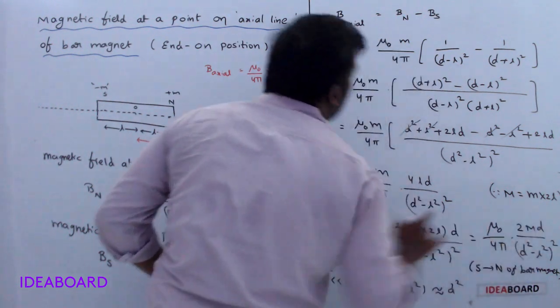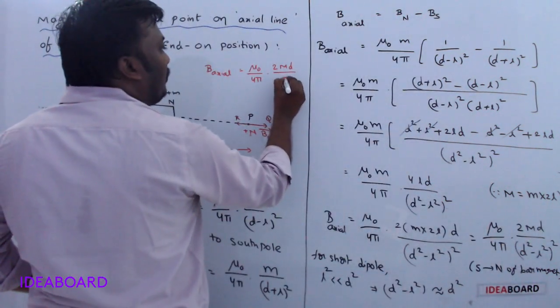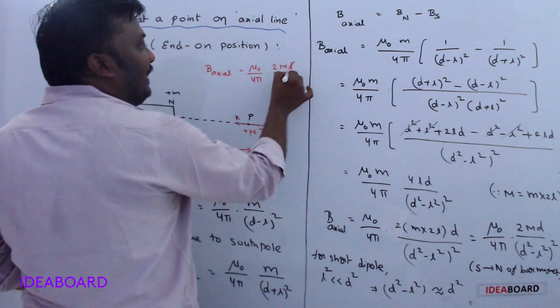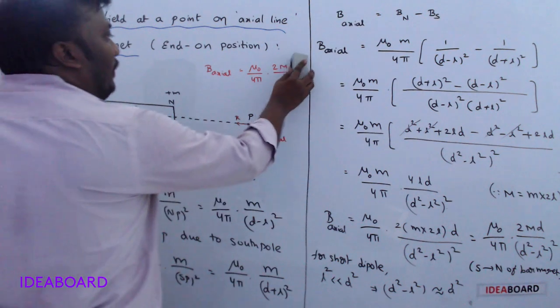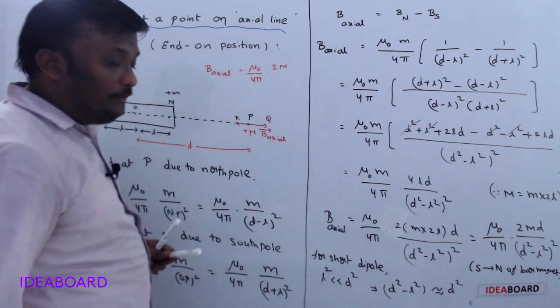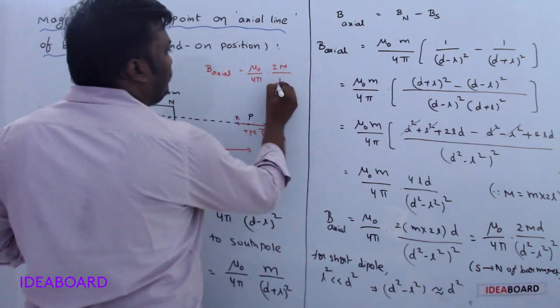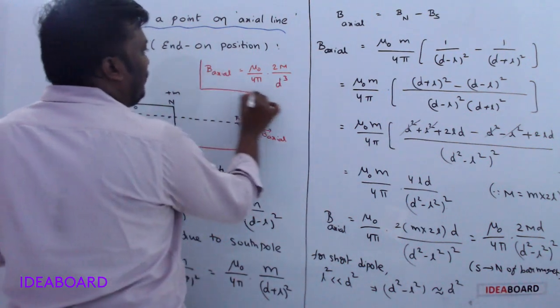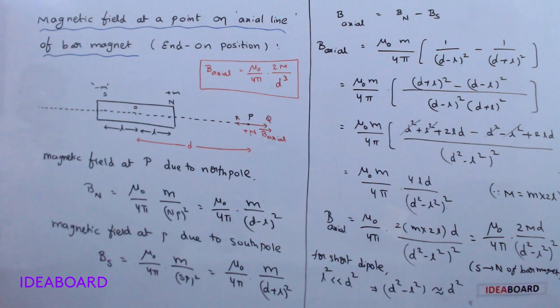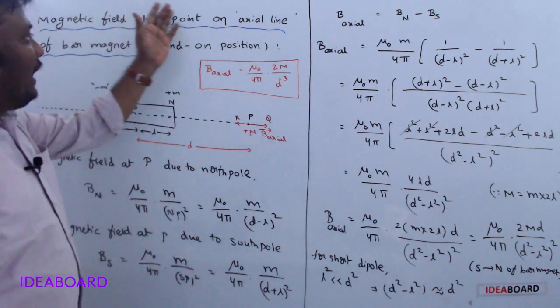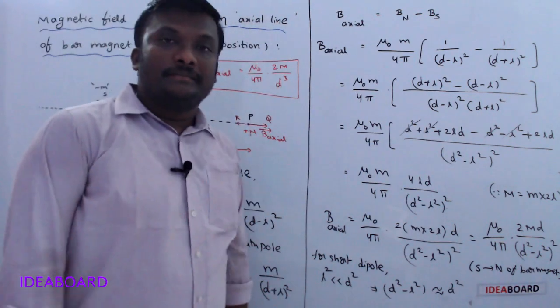Now d square whole square means d power 4, and one d cancels, so finally what we got is 2m by d. Understand? This is the magnetic field at a point on the axial line.